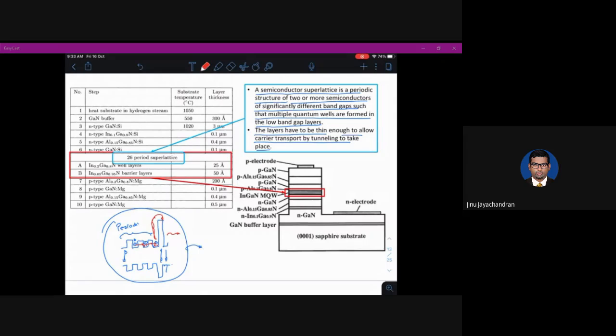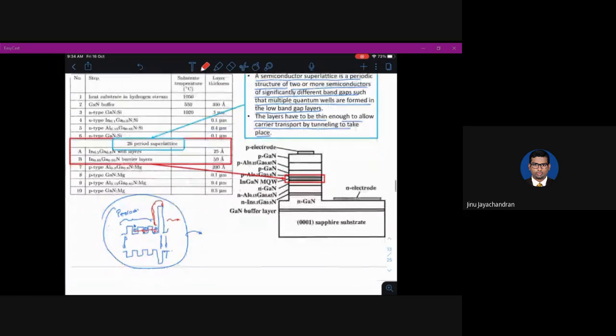So this superlattice, which consists of different band gap layers, a quantum well and quantum barrier, will make sure that carriers are confined inside the quantum well and can tunnel through to create the emissions. Okay, so that is the superlattice.